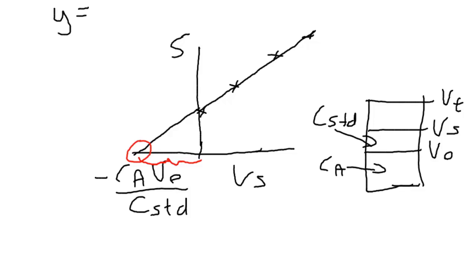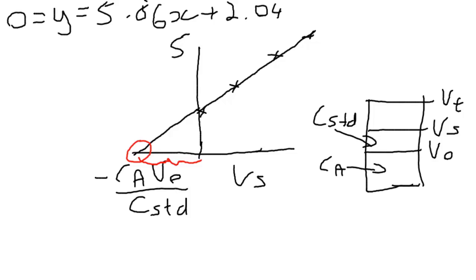So let's say the equation of the best fit line is 5.86 times x plus an intercept of 2.04. What we can do here is just set this equal to 0.